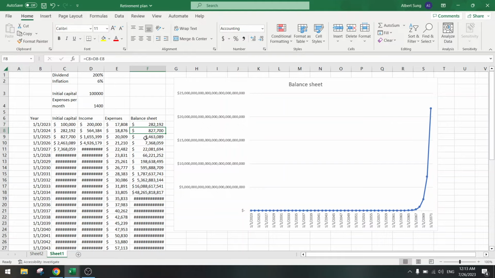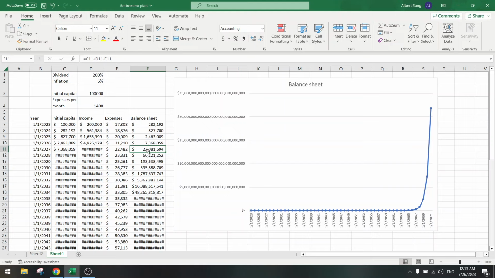And then it will go to 2 million. That's a 20x, and 7 million, which is 70x. If you keep compounding all that money and add 200% on that money per year and keep reinvesting that, then you can quickly go to a multi-millionaire, right?